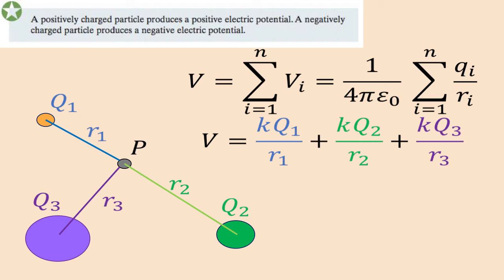So what is this picture that we have here? We have three different charges, Q1, Q2, and Q3. And I'm interested in point P, what is the potential? Remember, we've asked these kinds of questions: we have a configuration of charges, what is the electric field at a certain point in the vicinity of those charges?